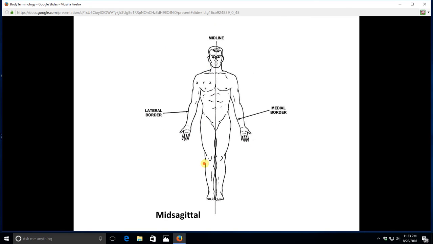All right, there's actually a special kind of sagittal. So remember, sagittal creates left and right pieces. A special kind of sagittal creates, as best as we can, a perfect left and right half, right down the middle. Although obviously we're not totally symmetrical.